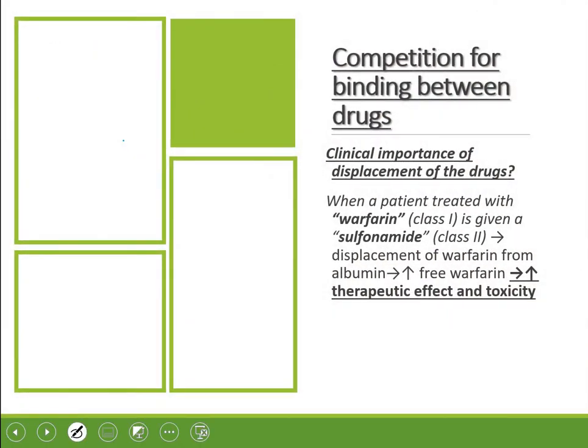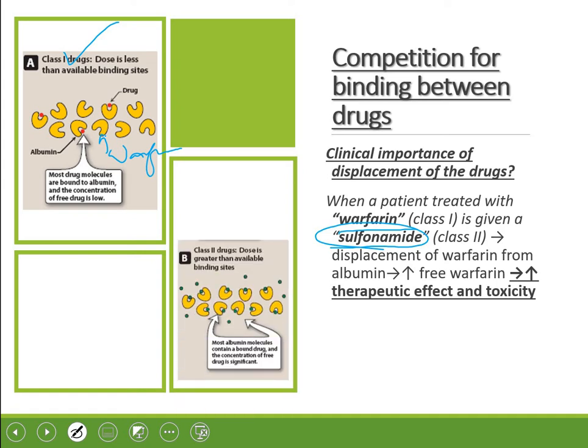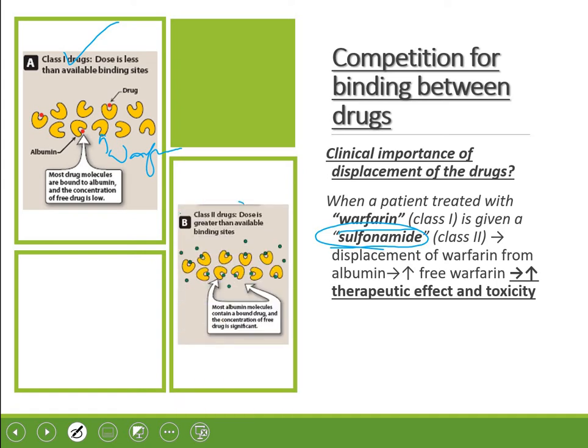Now, when there is competition of one drug with another, for example, warfarin is a class 1 drug, and it is given along with a sulfonamide, which is a class 2 drug. So what will happen? In the case of this class 1 drug, for example warfarin, it goes and attaches to the plasma protein albumin. And when you give a second, class 2 drug, especially sulfonamides, the free level of the drug is very high, and it has a very high affinity for this protein as well.